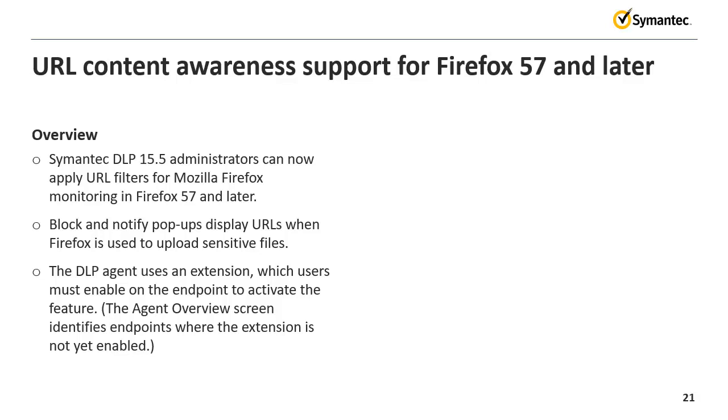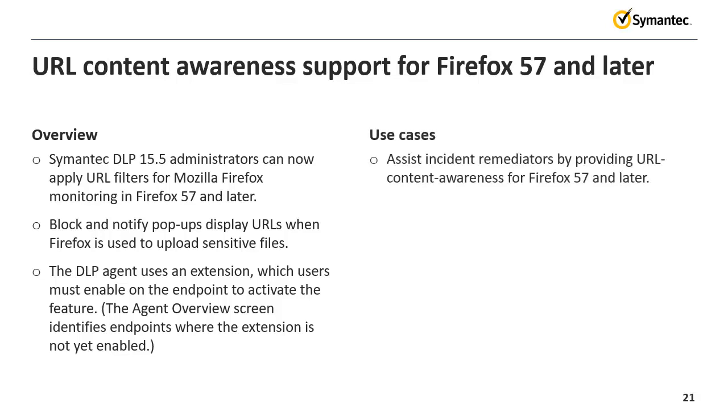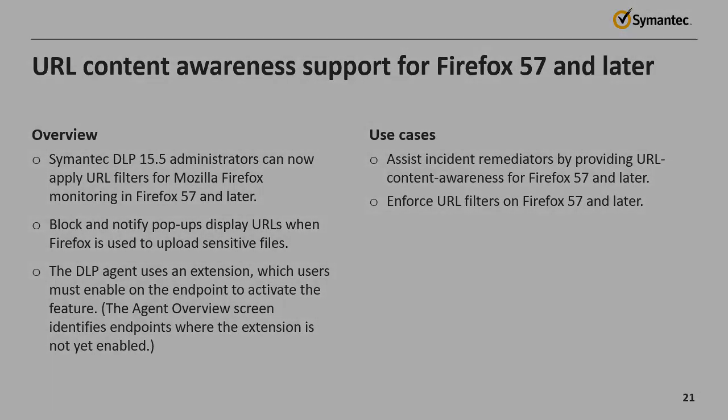Users must manually enable this extension on the endpoint to activate the feature. The Agent Overview screen identifies endpoints where the extension is not yet enabled. This feature enables organizations to assist incident remediators by providing URL content awareness for Firefox version 57 and later, and also to enforce URL filters on Firefox 57 and later.